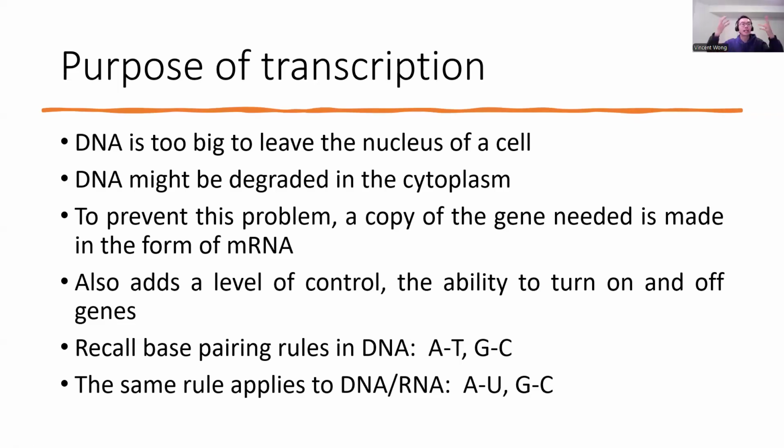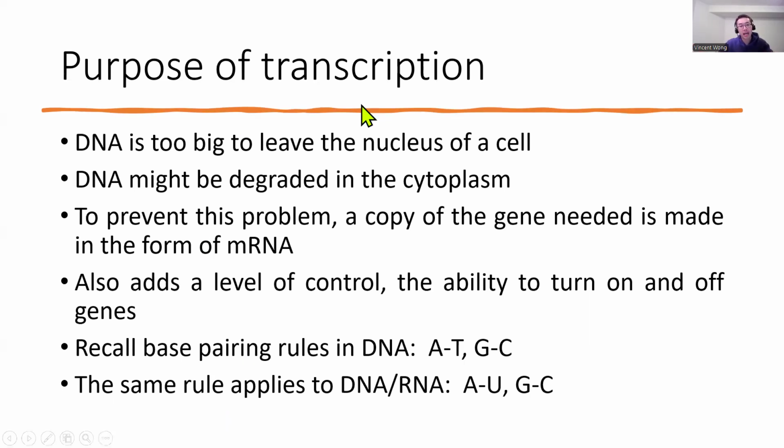Listen, our entire genome is like a really thick recipe book to make all these proteins, okay? But we do not need to make all the proteins all the time in every single cell. It's a waste of resources, and frankly we don't have enough room to hold all these proteins anyway. So we only make what we need when we need it, and only in the cells that are supposed to use these proteins, right?